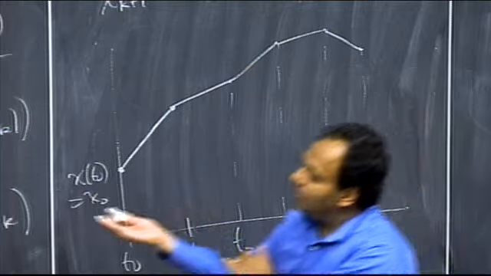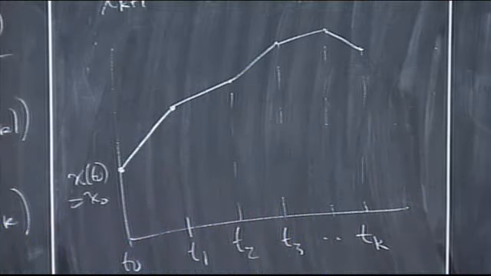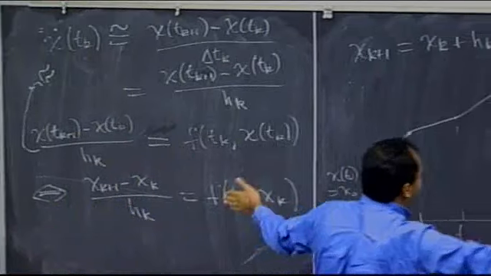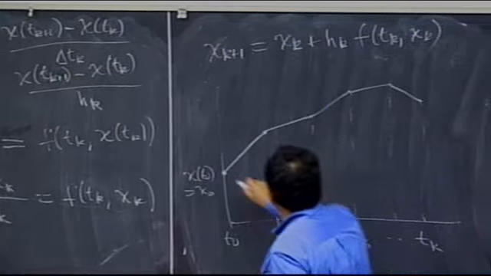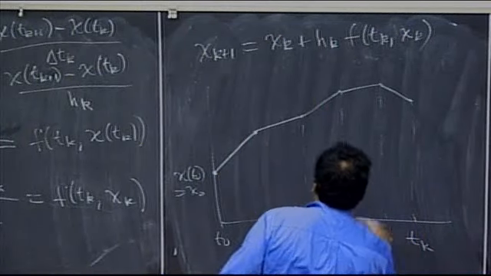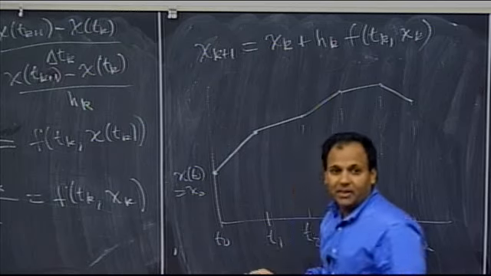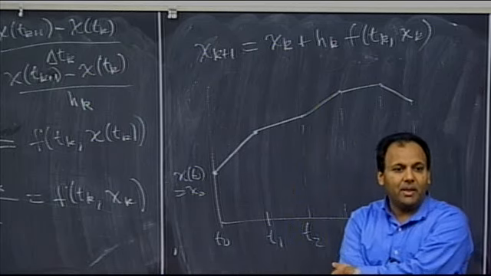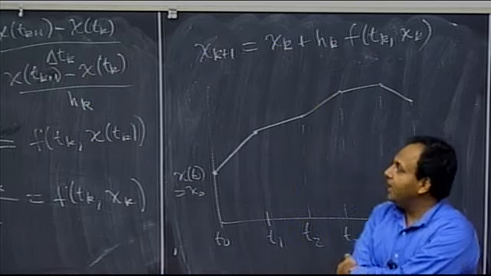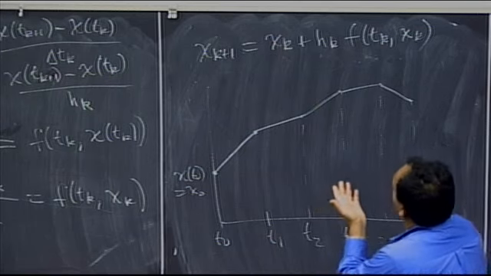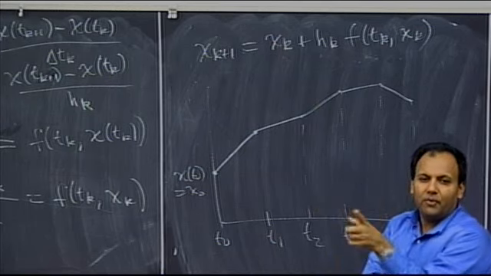Because I'm using a straight line approximation for the derivative, and if the function actually was doing something like this, my straight line is going to be a really poor approximation if I make the step size too big. All right, now, the nice thing about this is, though, it only requires one function evaluation.